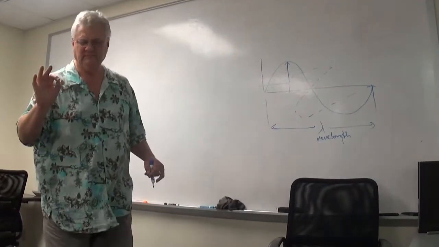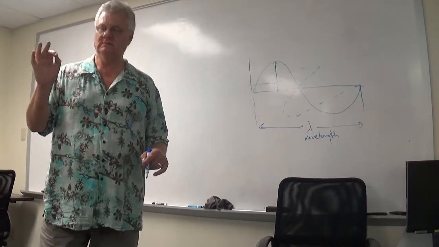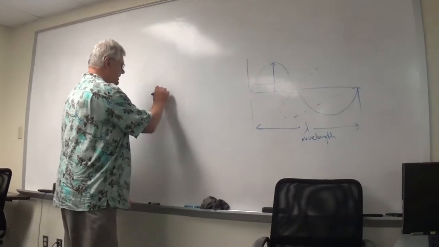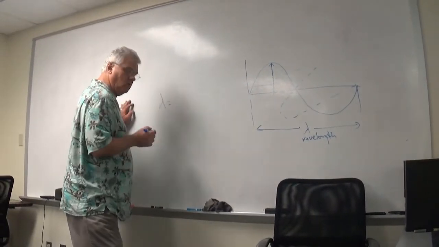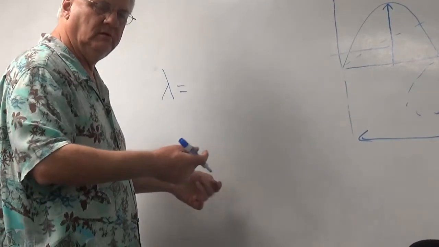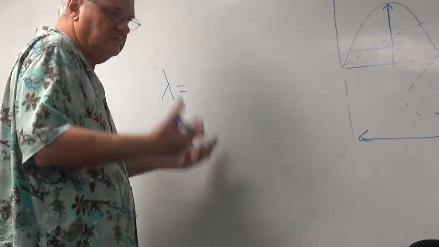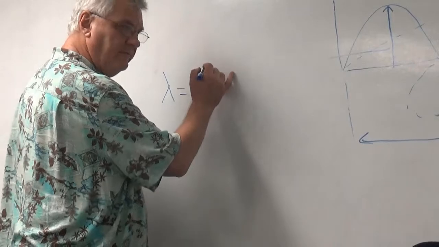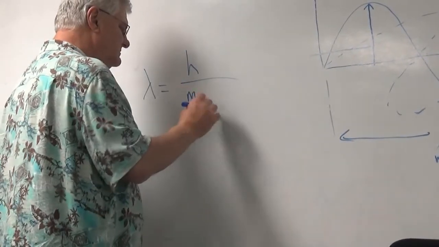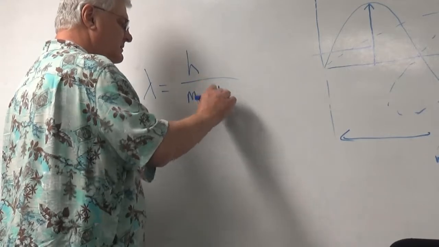The particle has to have mass and velocity. And as it shows here, the de Broglie wavelength for a particle, like an electron or a proton, some particle that actually has mass, is, again, Planck's constant over the mass times the velocity.